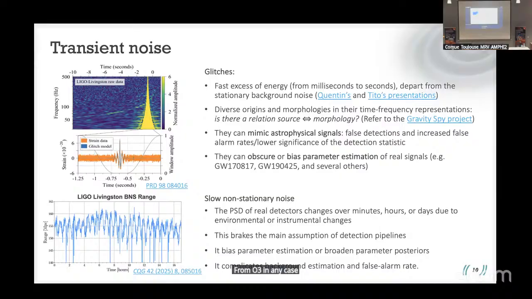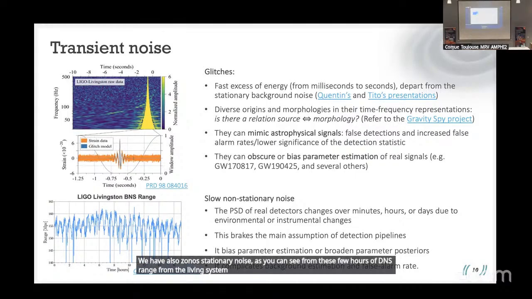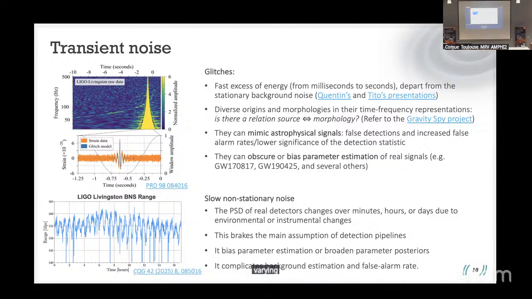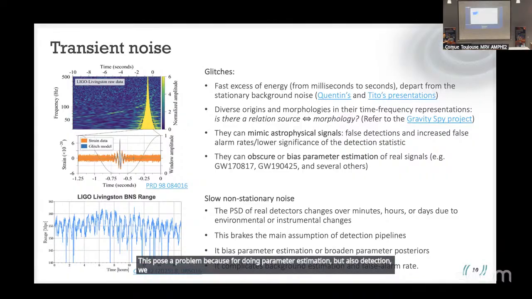We also have slow non-stationary noise, as you can see from these few hours of BNS range from the Livingston detector. It varies by something like 5, 10 megaparsec. This poses a problem because for doing parameter estimation, but also detection, we want to understand the noise of the detector.